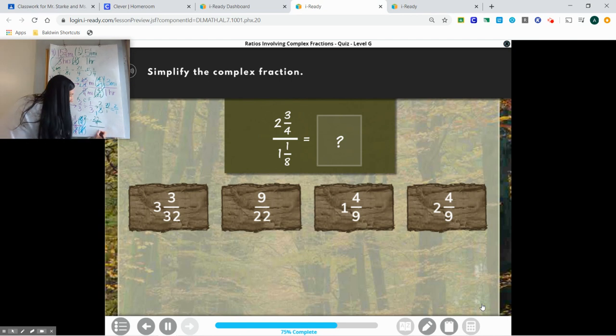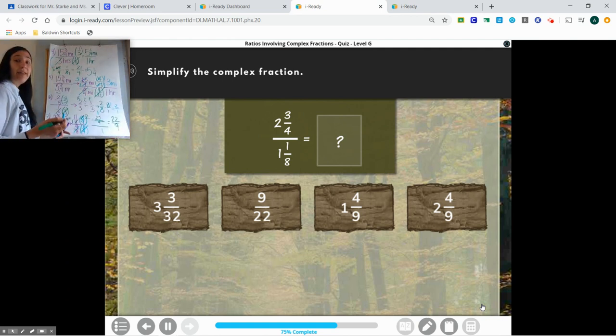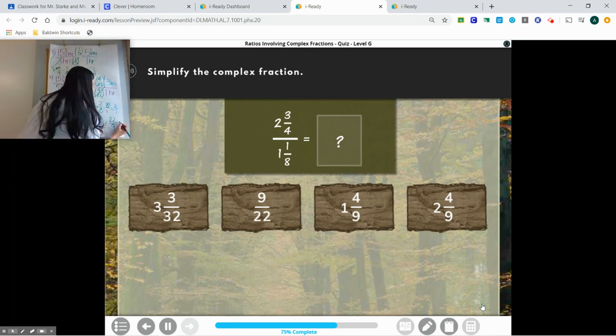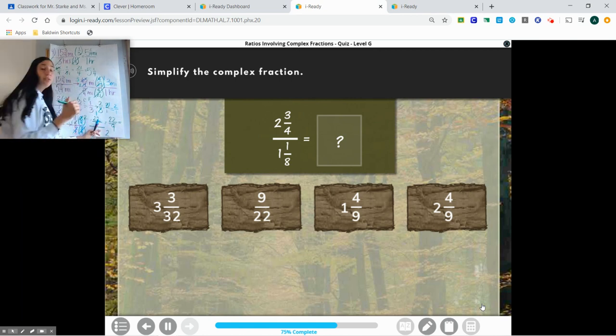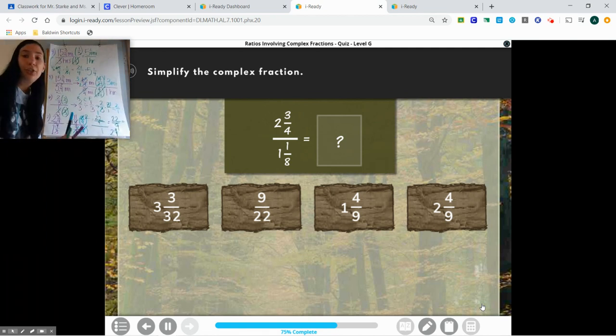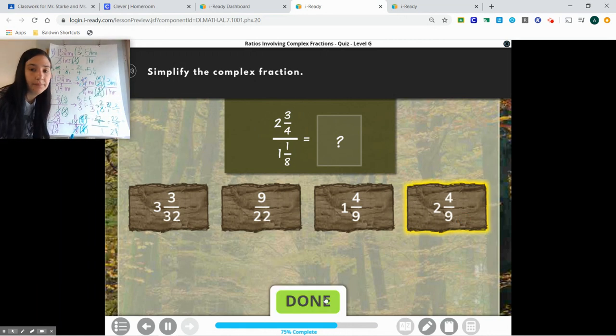Remember, this whole thing is 1, which is the same as writing 22 over 9. Now we need to turn that back into a mixed number. 9 goes into 22 how many times without going over? 2 times. 9 times 2 is 18, so we count up to 22: 18, 19, 20, 21, 22. So we have 4 ninths left over. So our answer is 2 and 4 ninths.